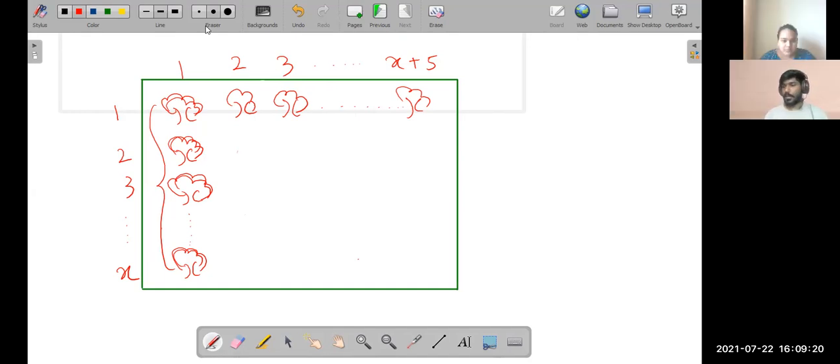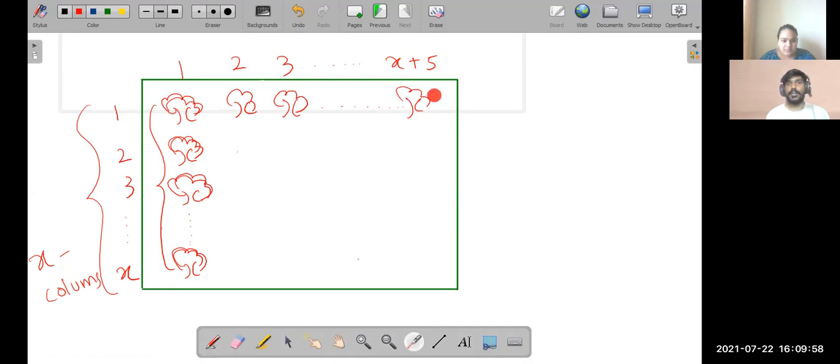So we'll go through this example once again. In the rows, there are X trees, so 1, 2, 3, and up to X. So in total, there are X columns.